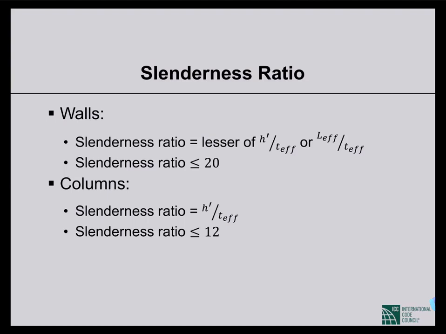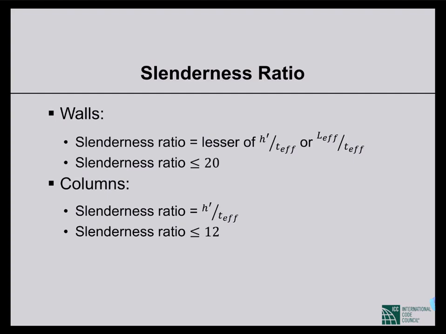And there is a provision that for URM or RM, for non-slender buildings, the slenderness ratio must be less than 20.